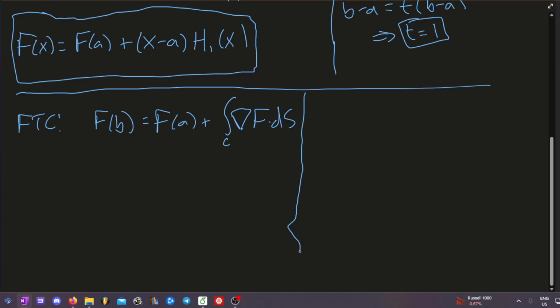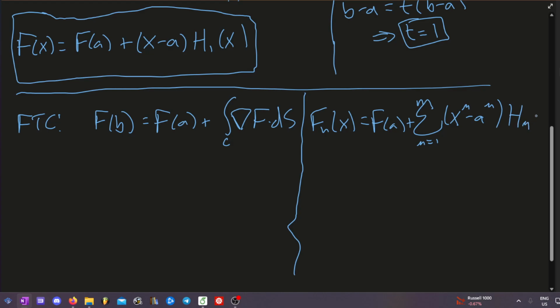And remember, what we're trying to show is that f of x, the n-dimensional mapping, equals f at a plus the sum to n of x mu minus a mu, times h mu of x.